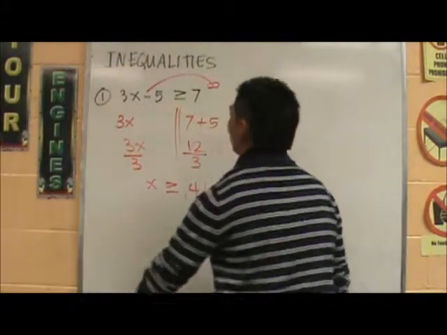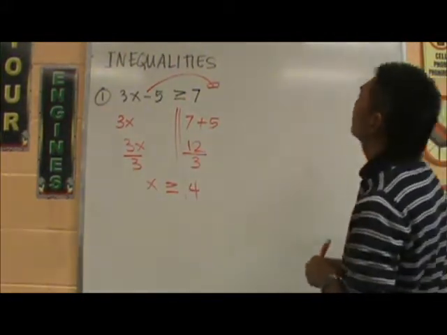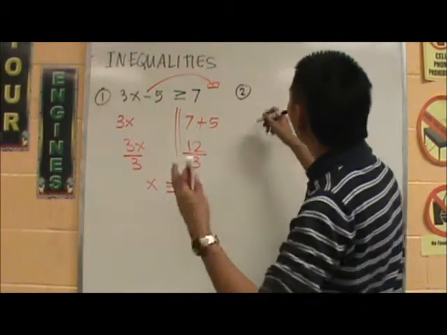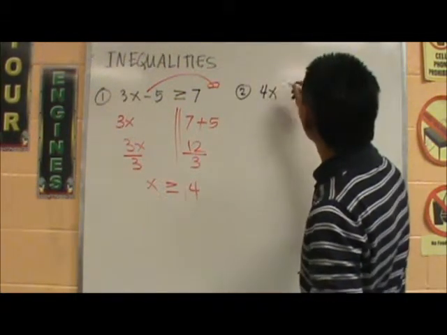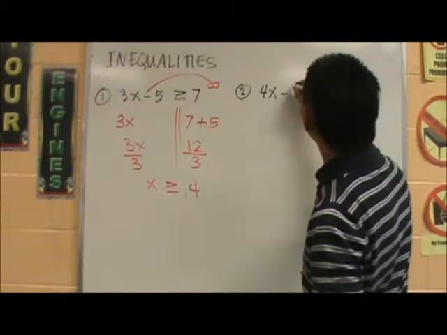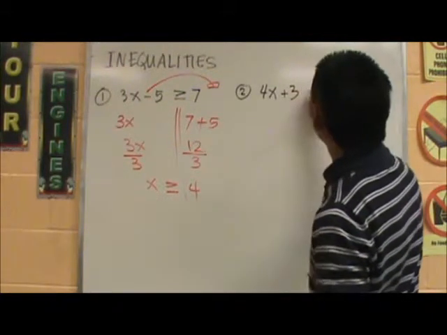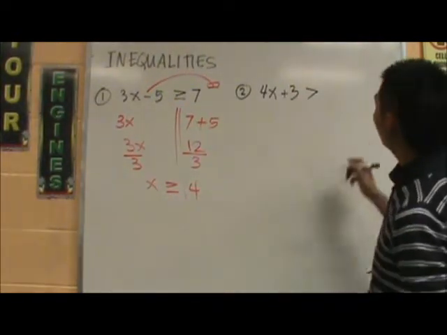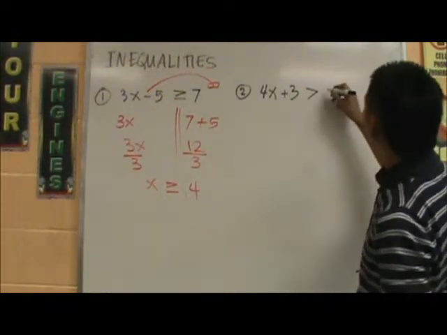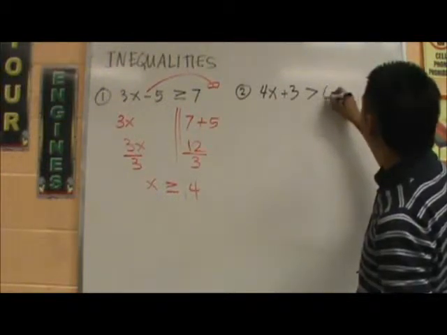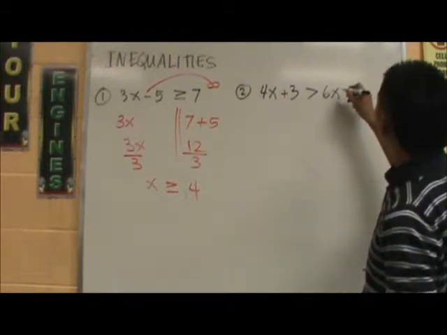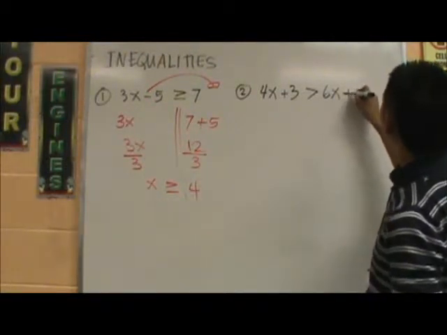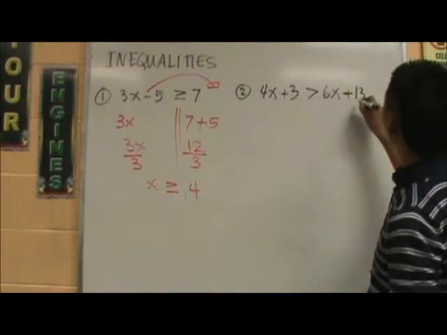Now, how about if you have, let's say, number 2. Let's say we have 4x plus 3 greater than 6x plus 13.